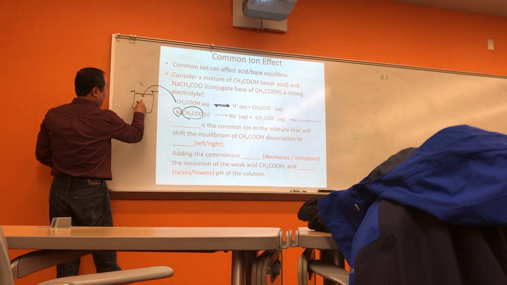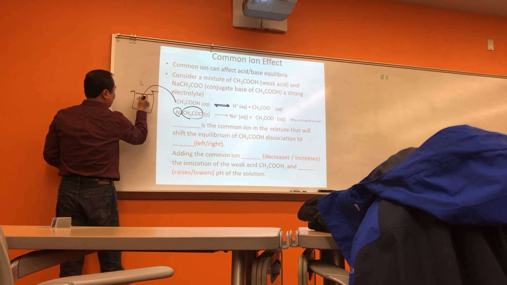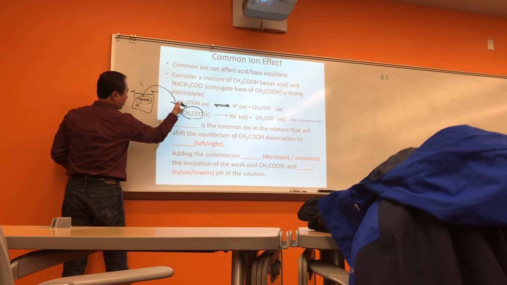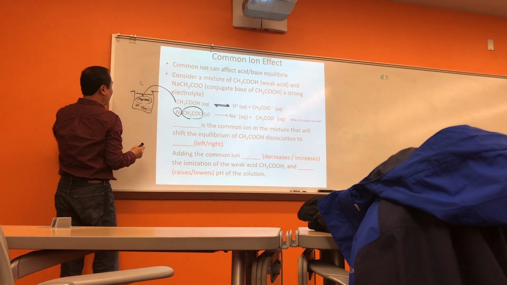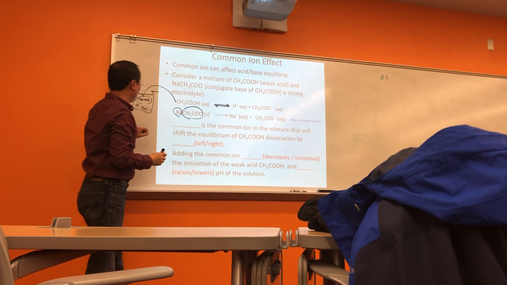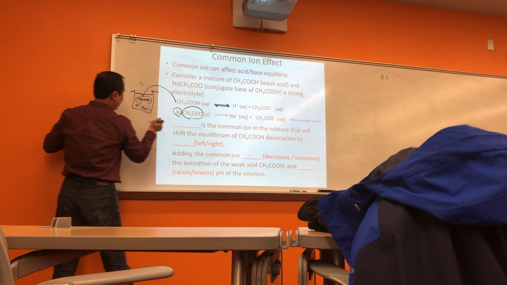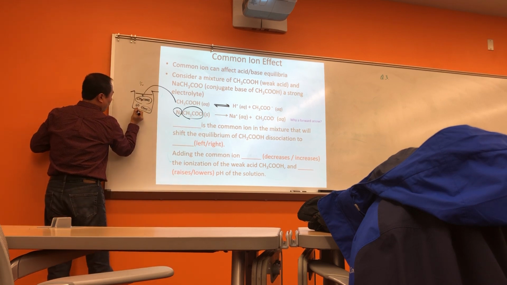Then in this water we already have a lot of CH3COOH, a little bit of H plus because it dissociates a little bit, and a little bit of acetate. That's from the equilibrium. But if you add extra salt made of sodium and acetate, then you are adding a little more sodium and also acetate.